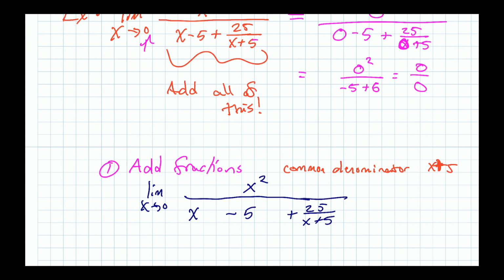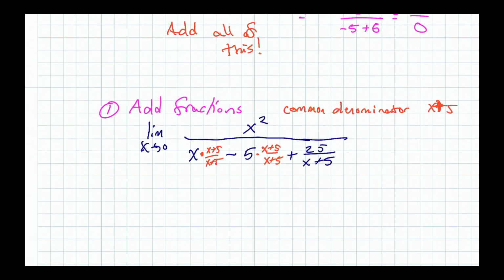We need to get the common denominator everywhere. That means this one needs to be multiplied by x plus 5 over x plus 5, and the 5 needs to be multiplied by x plus 5 over x plus 5. So both of those terms need to get the common denominator.